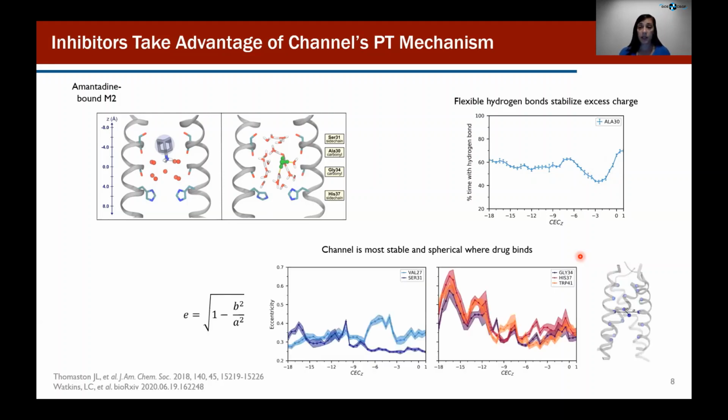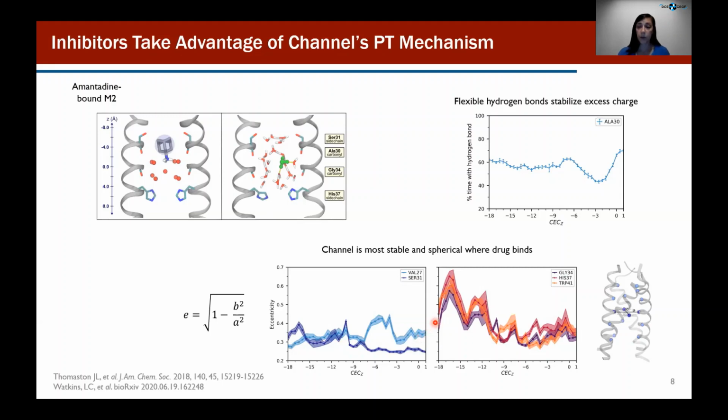Another aspect I looked at was the shape of the pore and the dynamics of that shape during proton transport. So this is essentially showing that at the top of the channel where these two residues are, it's pretty stable, pretty circular.